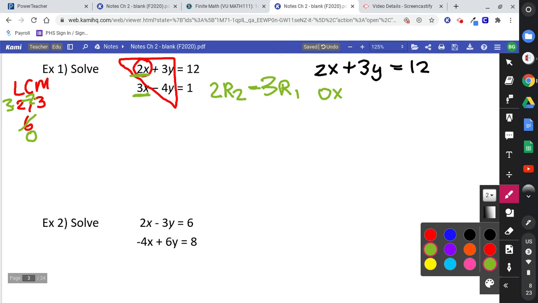But continue with that rule across the way. Negative, we've got 2 of those. That's negative 8. That'll be 2 times negative 4y minus 3 times 3y. You want to try to do that in your head, but if you need to write it out, go for it. Negative 8y minus 9y is negative 17y.